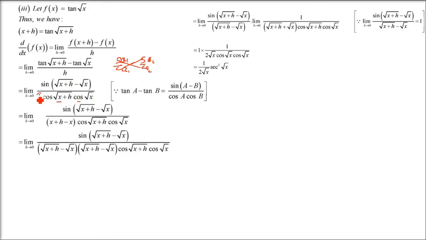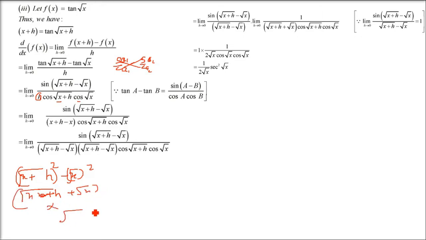Now if you see this above term and the denominator term, we already know how to change this h. We have to convert it into x plus and x minus, then take under root and square it, and with a minus b, a plus b, just open it. Under root x plus h minus under root x, and under root x plus h plus under root x. This is the plus term and this is the minus term, into under root x plus h minus under root x. A plus b, a minus b.